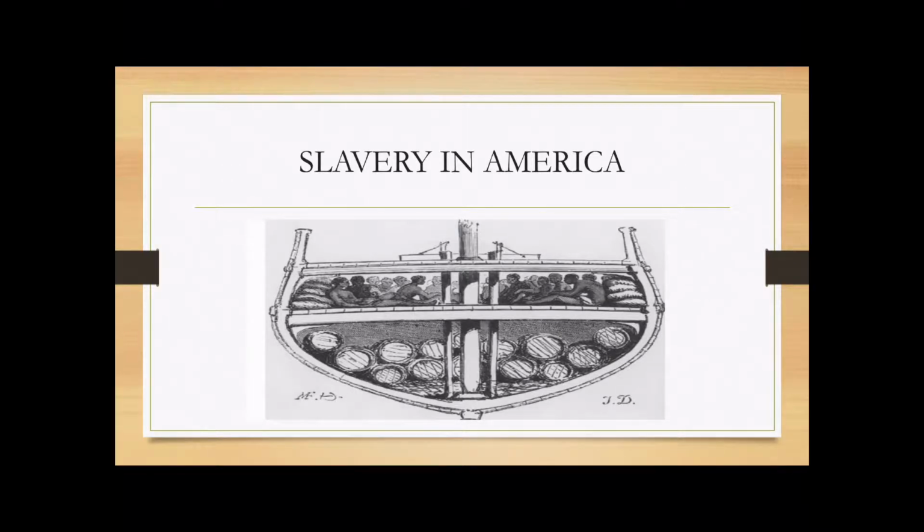Slavery in America started in 1619 with 20 African slaves brought ashore in Jamestown, Virginia. During the 17th century, the European settlers in North America found that African slaves were a cheaper labor source.